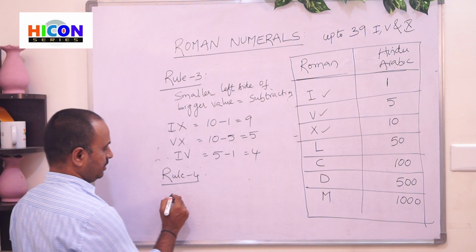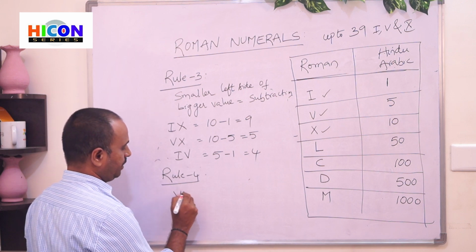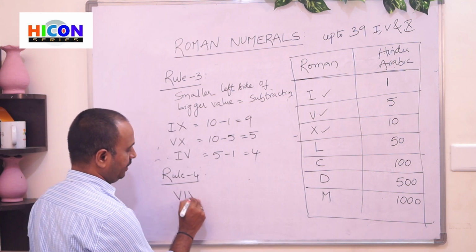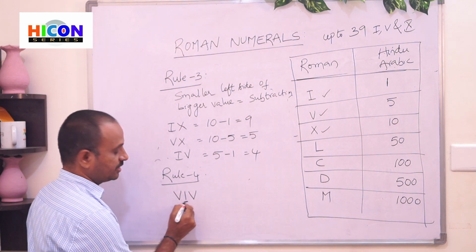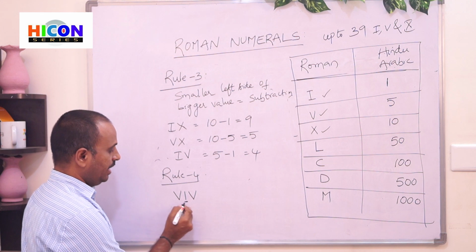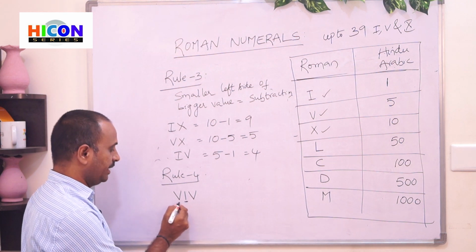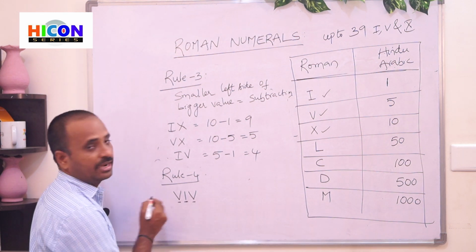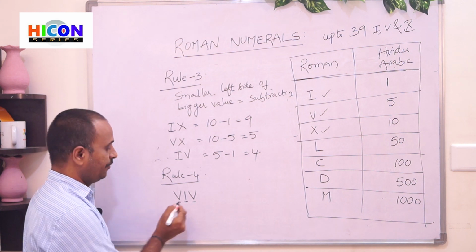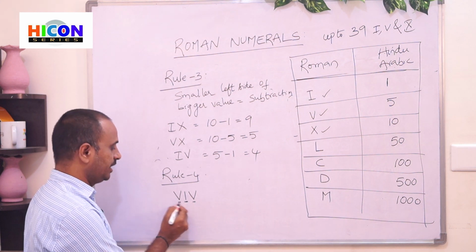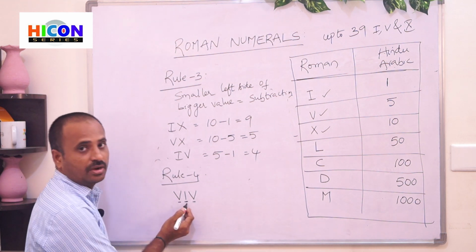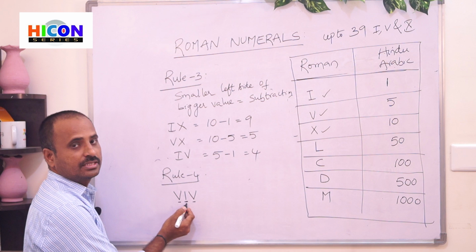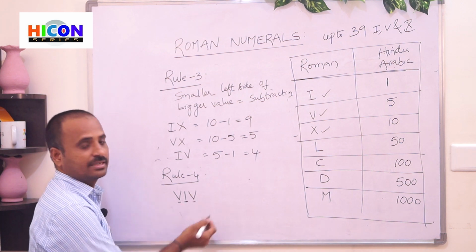So children, let us see. Here V, I, V. Here I is the smaller value and this smaller value is placed in between its bigger values V and V. If a smaller value is placed in between the bigger values, we have to subtract that smaller value from the symbol present on its right side.